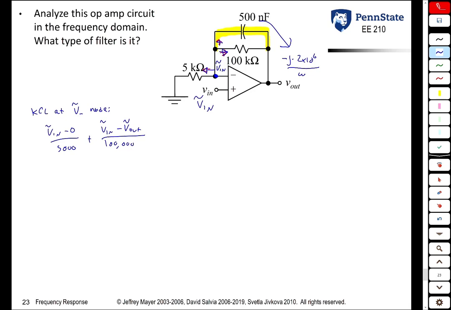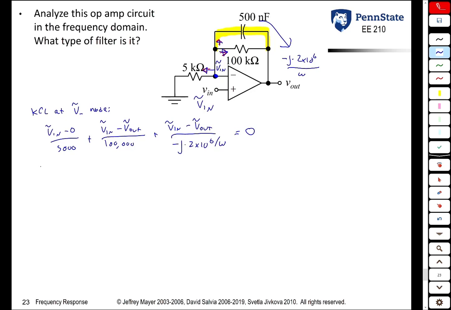And the third current is Vin minus Vout over minus j times 2 times 10 to the 6th all over omega. The sum of those three currents equals 0.